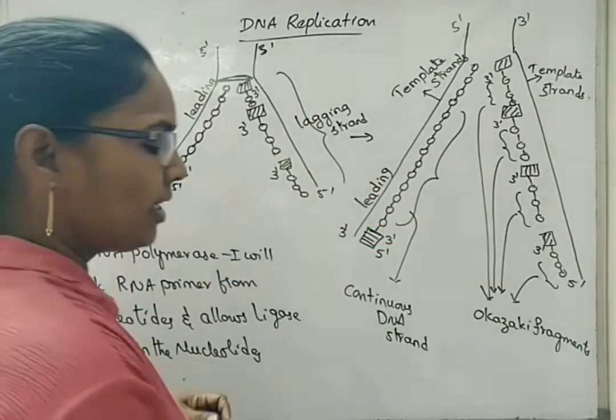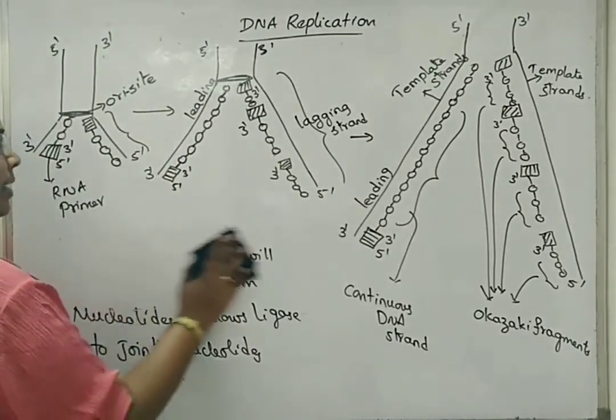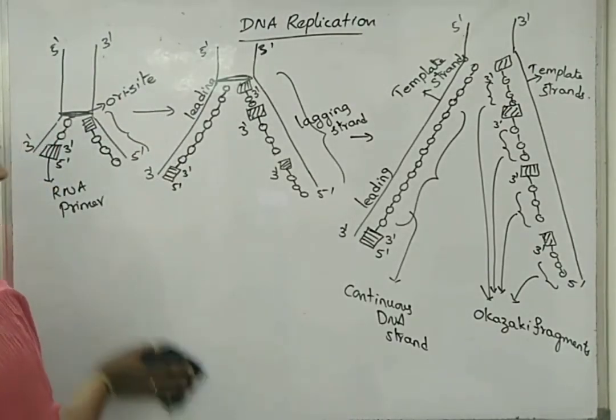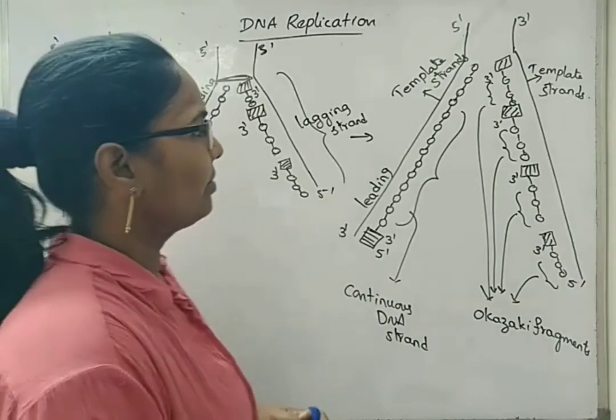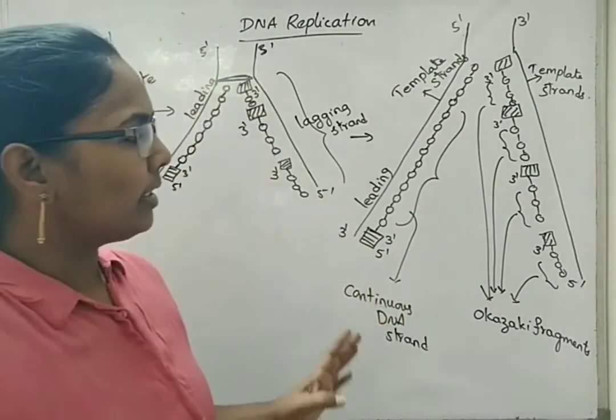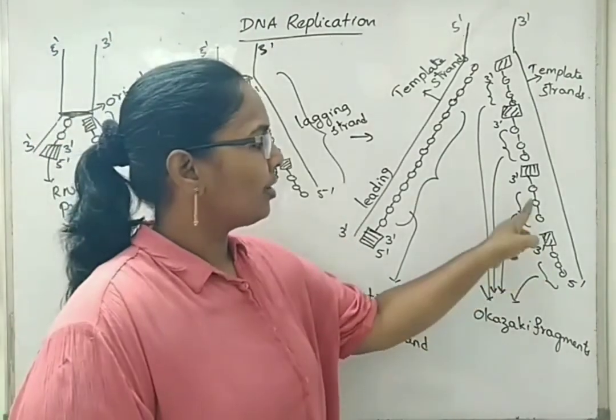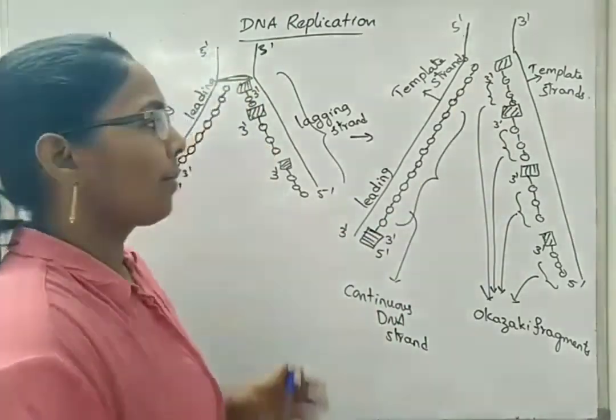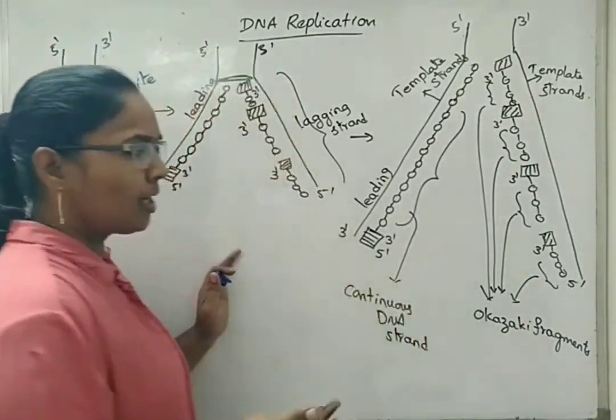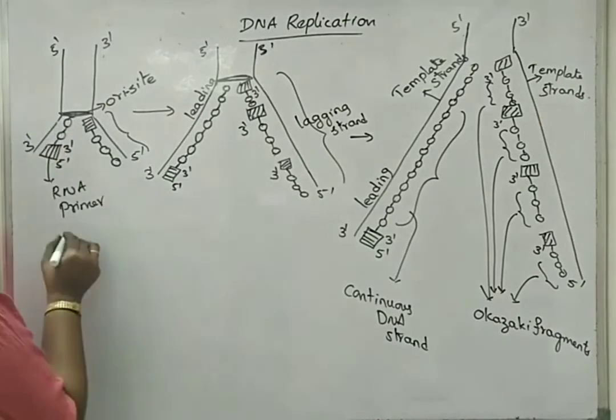Now, if a question has come, how many phosphodiester bonds are there in a discontinuous DNA strand with 4 DNA fragments like this? Or in an Okazaki fragment, we'll write one question here.